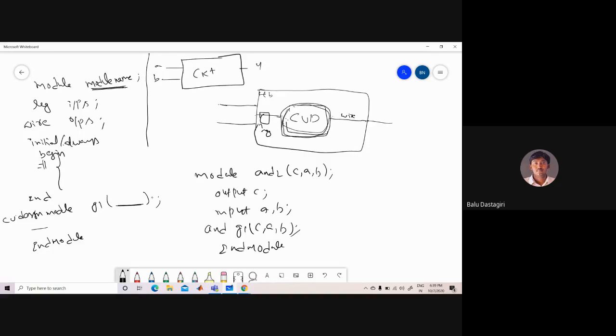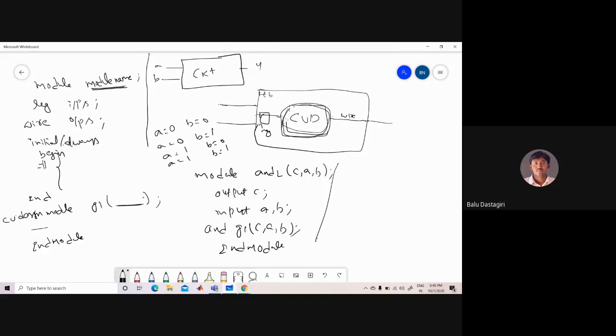So this is the program I have written. Now for this I have to write the test bench. For an AND gate, we have the inputs A equal to 0, B equal to 0; A equal to 0, B equal to 1; A equal to 1, B equal to 0; and A equal to 1, B equal to 1.